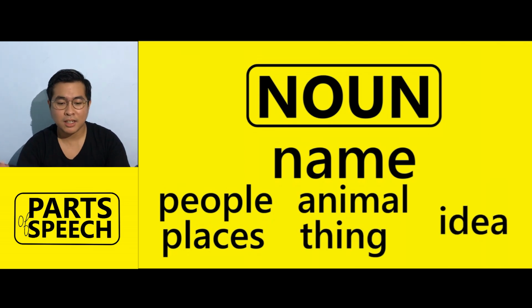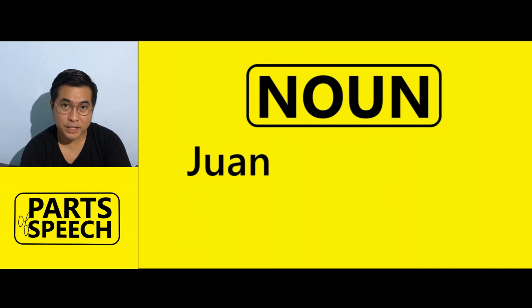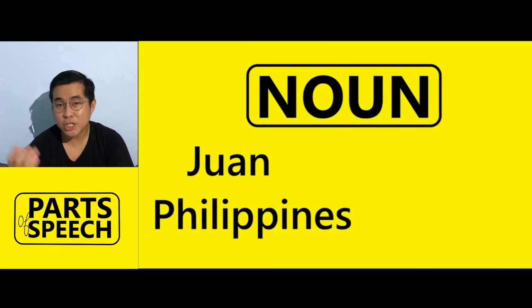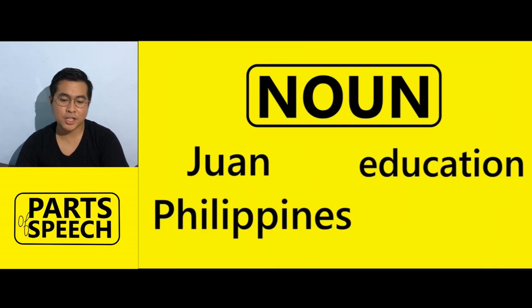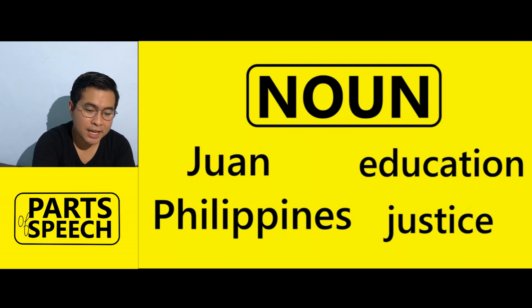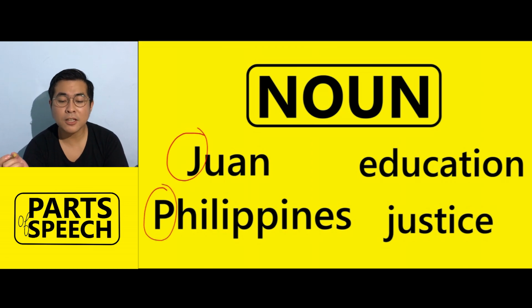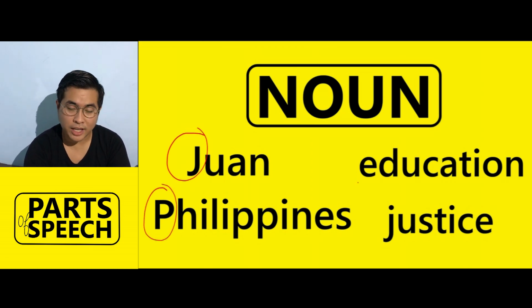Okay, basically, nouns are names. So, examples are the Philippines, education, and justice. Now, I would just like to highlight a glimpse for nouns: some nouns, of course, are capitalized, like the Philippines, and some nouns are not, like education and justice.